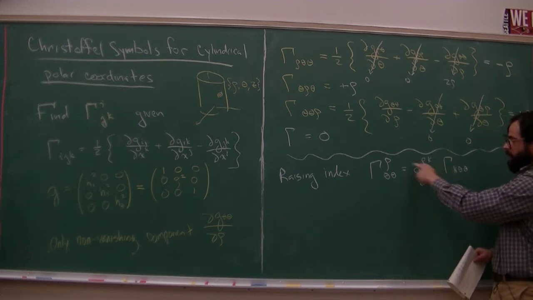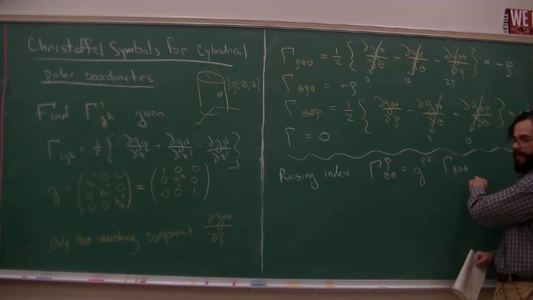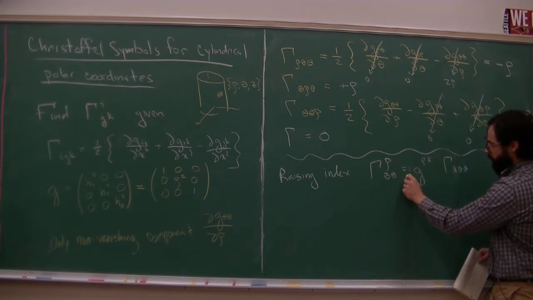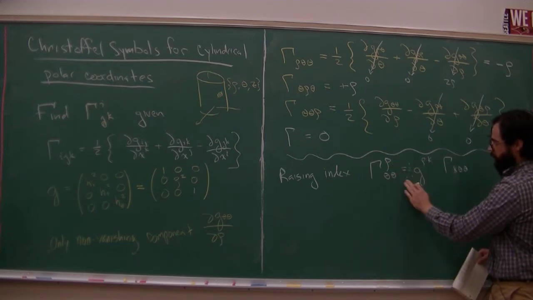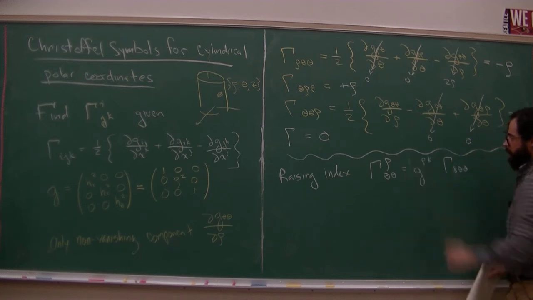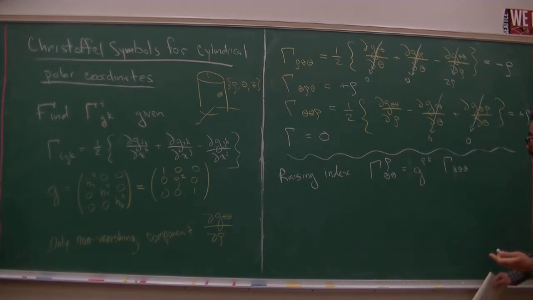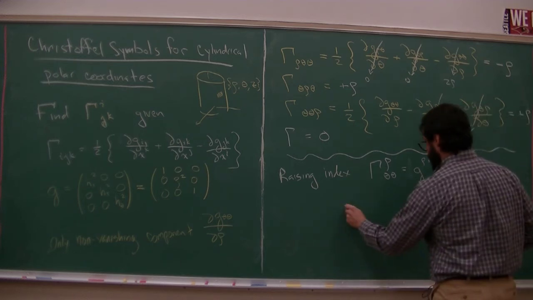I have a rho upstairs, good. I have 2 thetas downstairs. And remember, this is equal to the sum where k goes from 1 to 3, or k goes over rho, theta and z. Okay. But then again, I know most of these are 0. So I'll write it out.